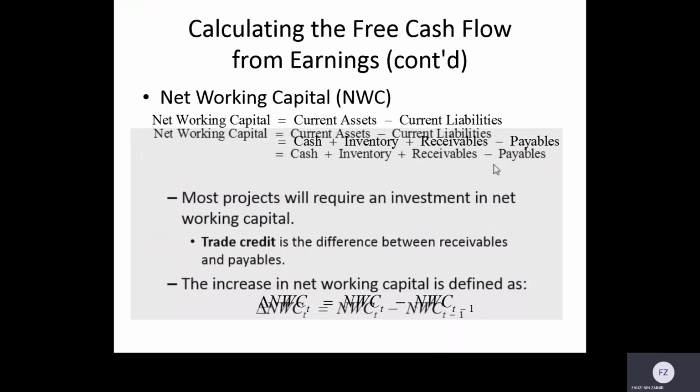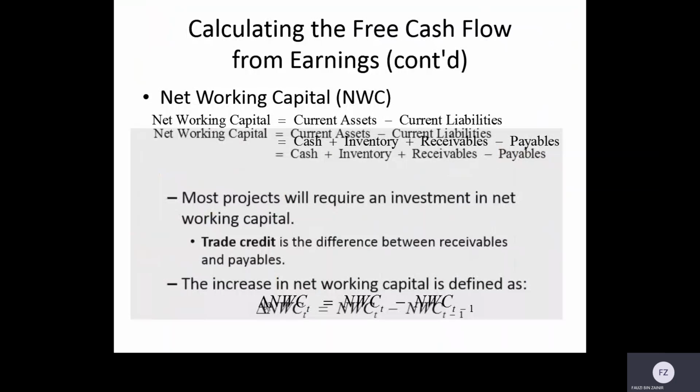So you subtract your payables. What you want to know is the net, not the gross, working capital. Trade credit is the difference between receivables and payables. In a nutshell, what you want to figure out is the increase in net working capital.